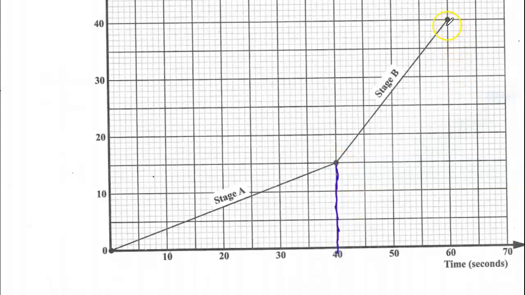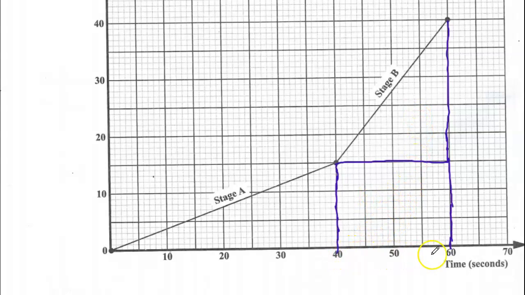Now this seems like a trapezium. Let me break it up into a rectangle and a triangle. So the total distance covered would be the area under the graph. Let's find the area of this rectangular shape here.